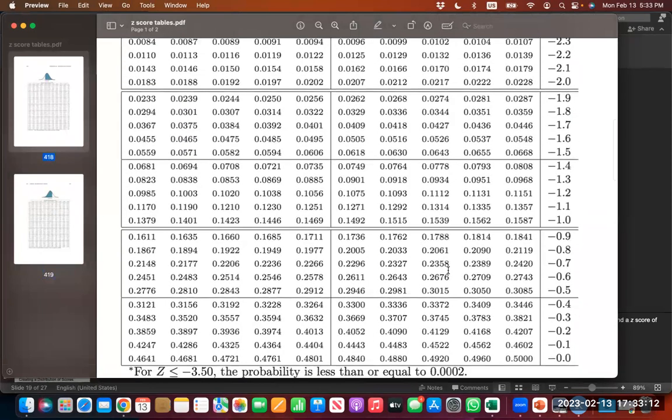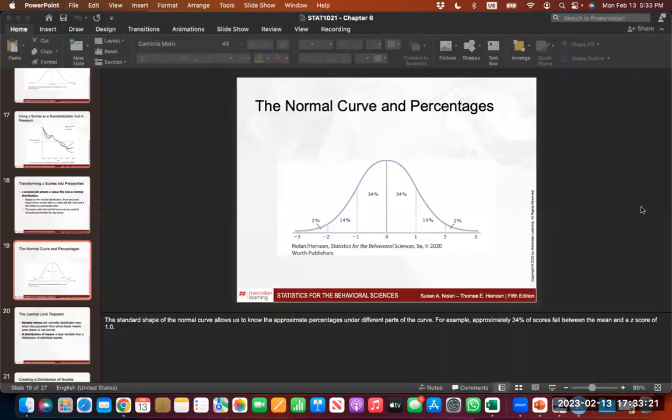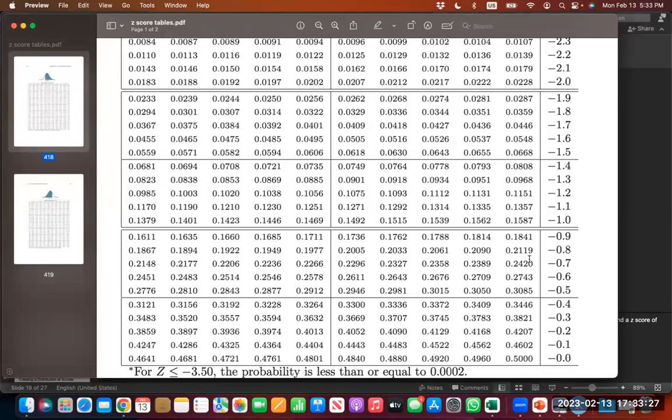So essentially, you remember that with -1, we had 34% of our data from the mean, which was Z equals 0 to -1.